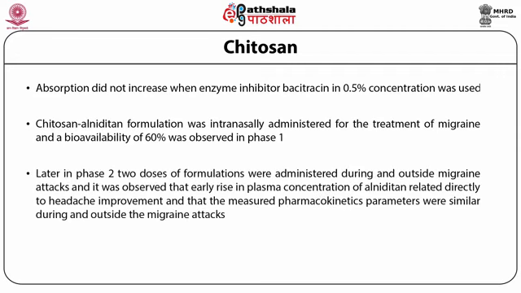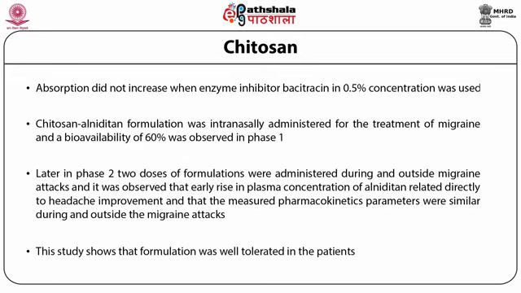Later, in phase 2 studies, 2 doses of formulation were administered during and outside migraine attacks, and it was observed that early rise in plasma concentration of the drug related directly to headache improvement and that the measured pharmacokinetic parameters were similar during and outside migraine attacks. This study shows that the formulation is well tolerated in the patients.